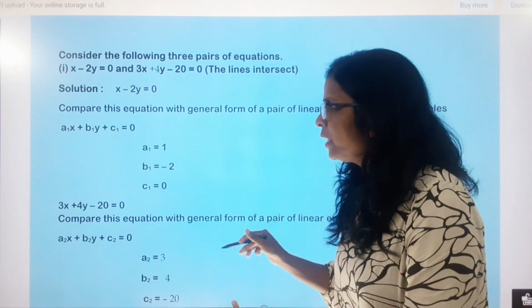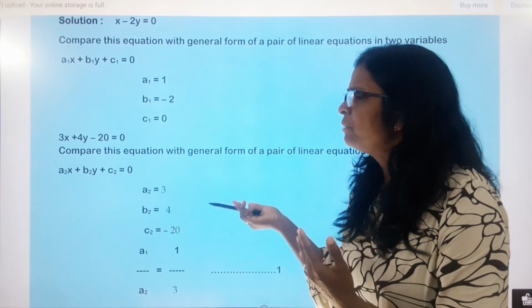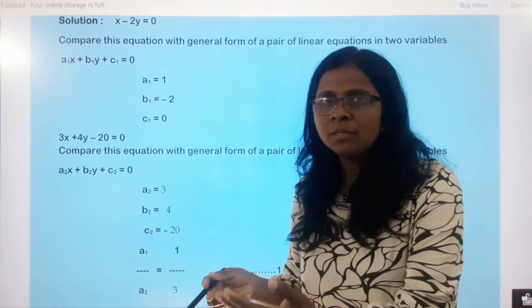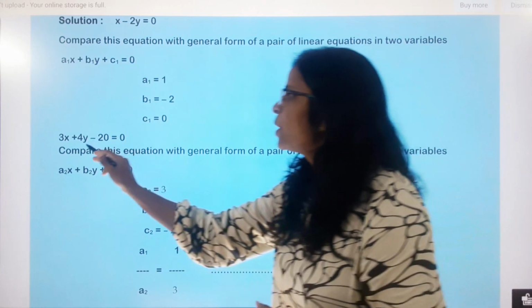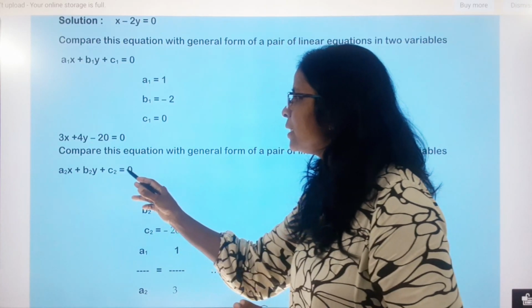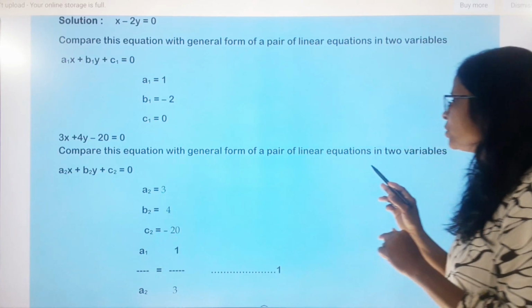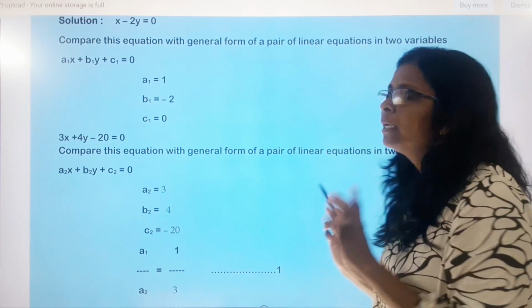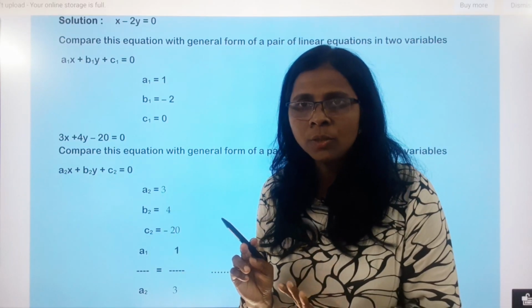Now after getting the values of a1, b1, c1, come towards the second equation. The second equation is 3x plus 4y minus 20 is equal to 0. Now compare this equation with the general form a2x plus b2y plus c2 is equal to 0.